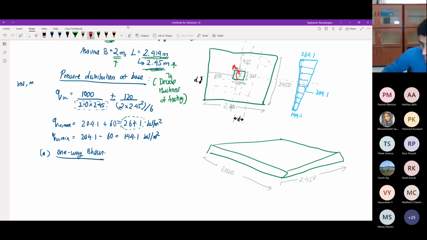If I want to find the critical section for shear, is it better to take this face or is it better to take this face? You want to check the shear resistance of this slab in one-way shear. Which one-way shear direction is critical? Is this direction going to give you a worse result, or is this direction going to give you a worse result?